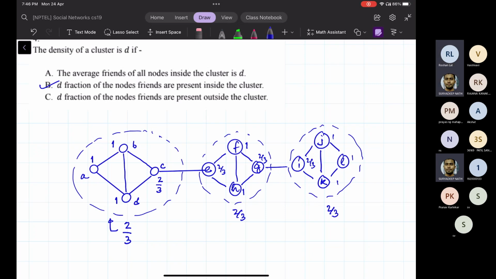Yes. Sir, how are we getting 2 by 3 for node C? For C, C has a friend outside the cluster as well, E, and it has two friends inside the cluster, B and D. So two-thirds of its friends are within the cluster and one-third outside the cluster.